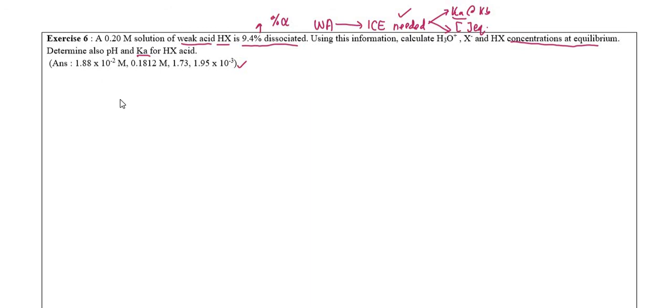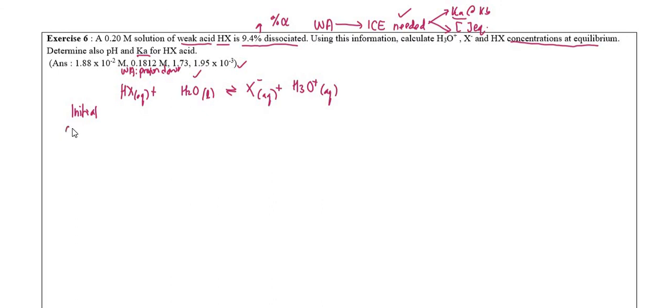Okay. So di sini kita akan buat starting dengan dissociation equation. HX dissociate in water to produce, okay, this is weak acid, which is proton donor. So become X minus, this is proton acceptor. Alright, so become H3O plus. So all species is aqueous, okay, except your H2O.